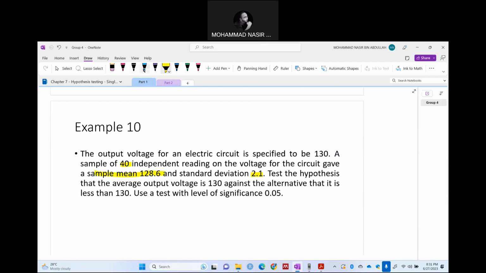So Z equal to x bar minus mu divided by s over square root of n. And this one, null hypothesis, mu equal to 130. Alternative hypothesis, the test is less than 130. So mu less than 130. So this is a one-tail test, right? So later you do by yourself.